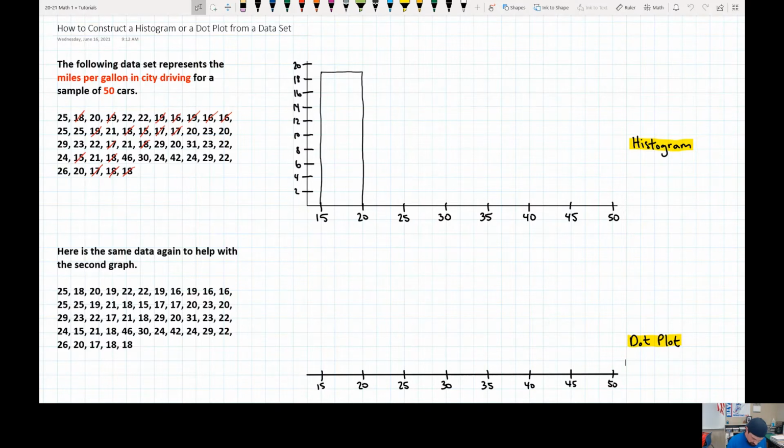Then we'll do the same thing for the next range of values, 20 to 25. Again, remember, we get to include 20 this time, but we do not include 25. So we have 1, 2, 3, 4, 5, 6, 7, 8, 9, 10, 11, 12, 13, 14, 15, 16, 17, 18, 19.